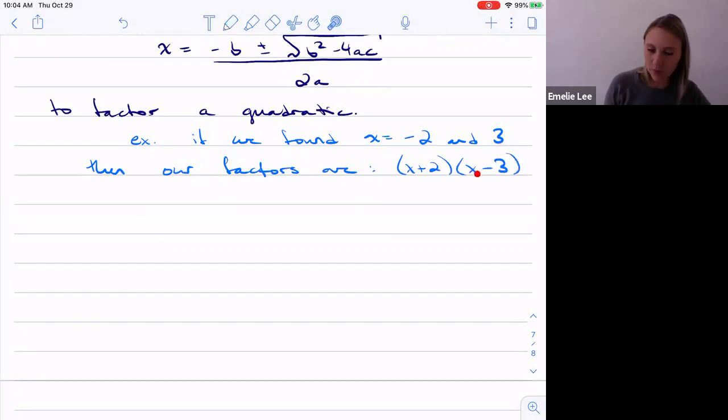Let me write that down. Because if you plug in, the whole goal was that if I plug this in here, I should end up at 0, and if I plug this in here, I should end up at 0. 0 times a value is just 0.